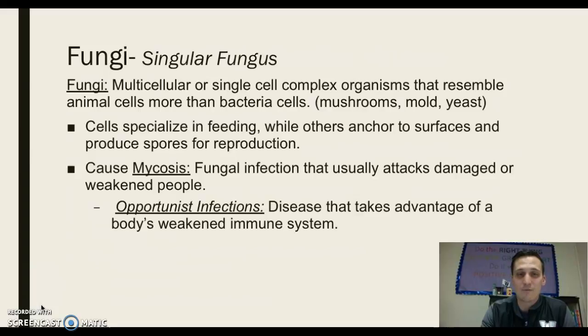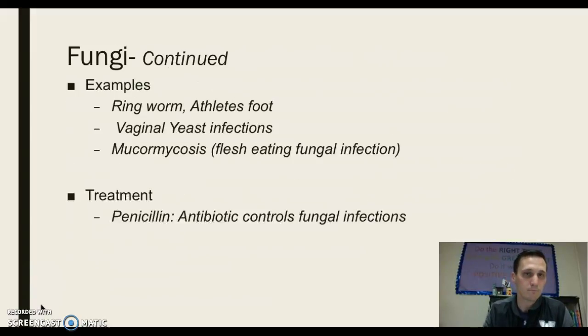The disease takes advantage of a body's weakened immune system. It doesn't do well trying to live off of a healthy individual. It might be someone who's already sick, maybe has low blood counts because of a cancer. Those types of people are going to be more susceptible to fungal infections.